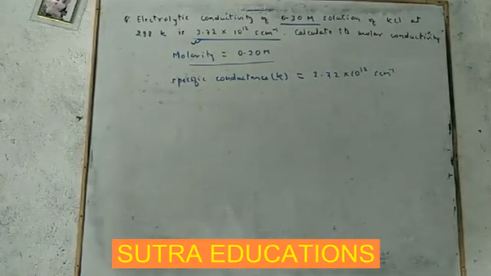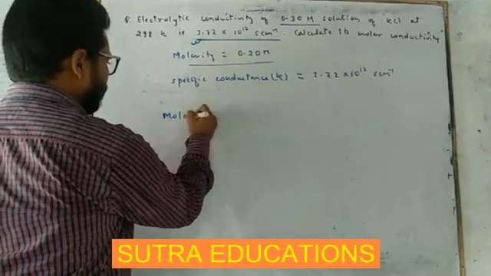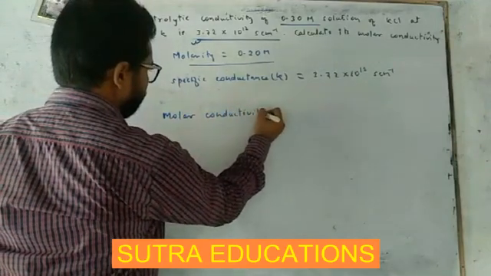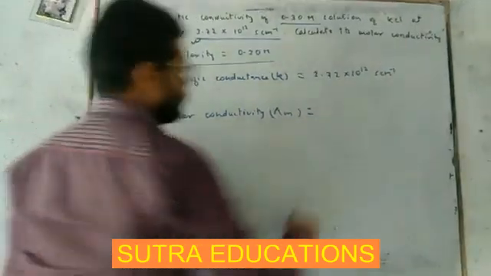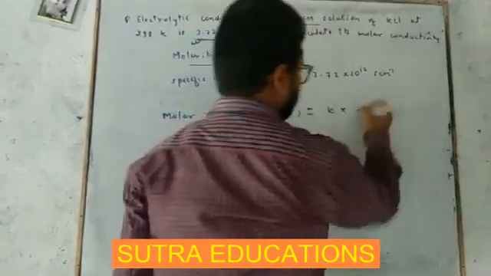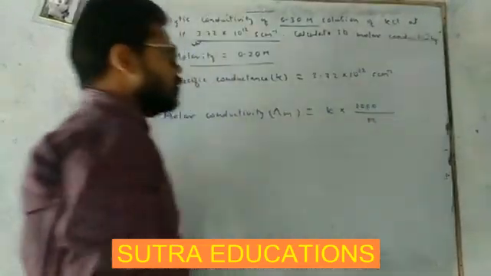Now molar conductivity, very simple question based upon formula. What is molar conductivity? Molar conductivity is equal to kappa into 1000 upon molarity.